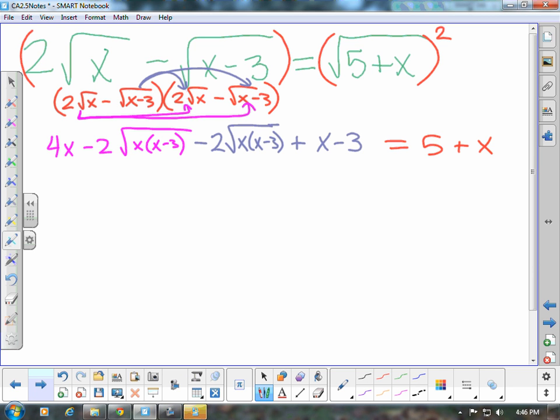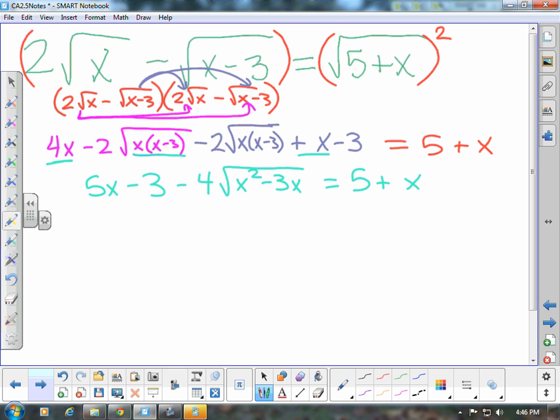Now we can simplify this whole side, and we have 4x plus x, which is 5x, minus 3. And then negative 2 times the square root of x times x minus 3, and then negative 2 times the square root of x times x minus 3 is going to be minus 4 times the square root. And then we can multiply that together to get x squared minus 3x. And now that will equal 5 plus x.